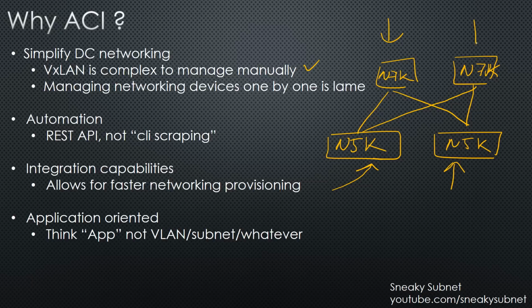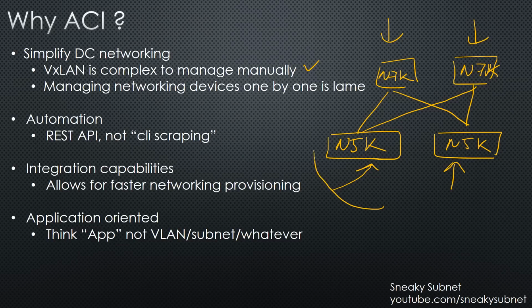You can use CLI or REST API, but the main point is that you will have to configure each of your switches inside your fabric separately. It is not the case for ACI.